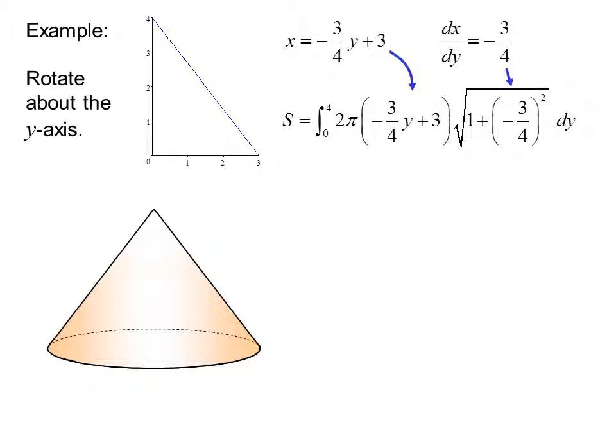So s equals the integral from 0 to 4 of 2 pi times x, which is negative 3/4 y plus 3, times radical 1 plus negative 3/4 squared dy. Negative 3/4 is, of course, dx dy.